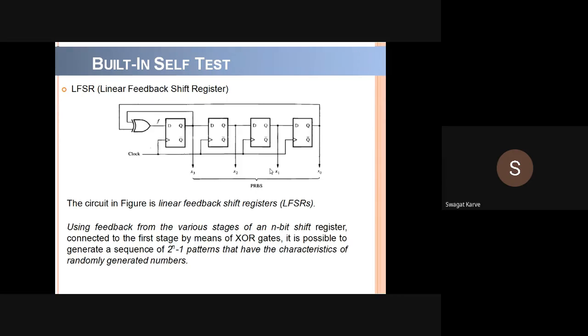That's why we call it a linear feedback shift register.